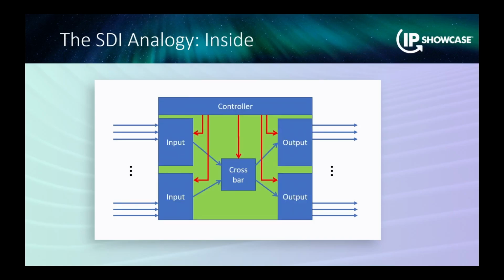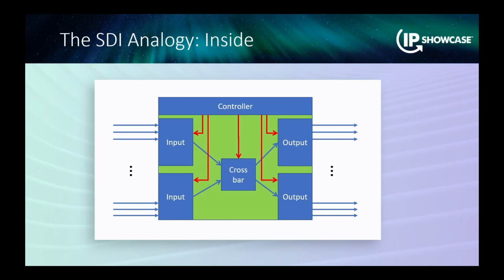I mean, if you have a large modular SDI router, you can see physically that you have different cards. You have an input stage where things get into the router. You have an output stage where things come out. You have a crossbar that connects inputs to outputs.